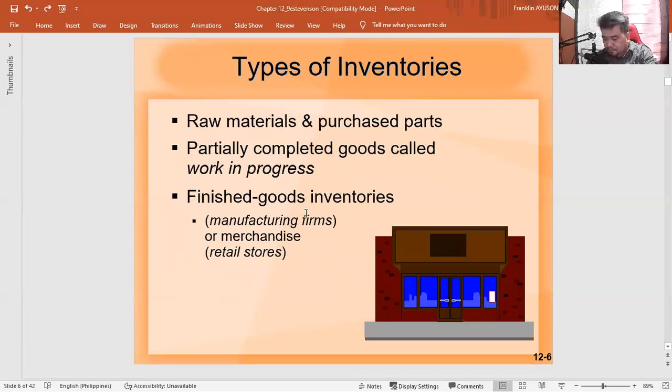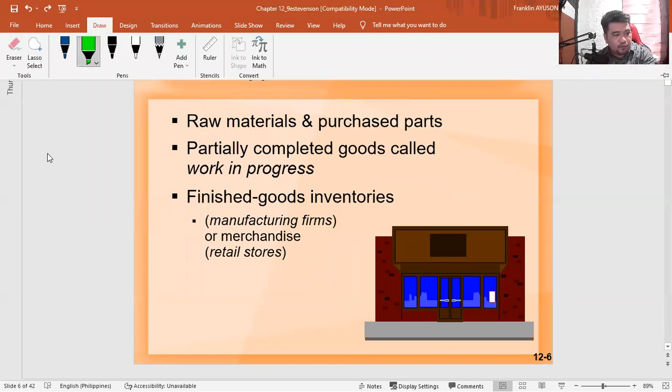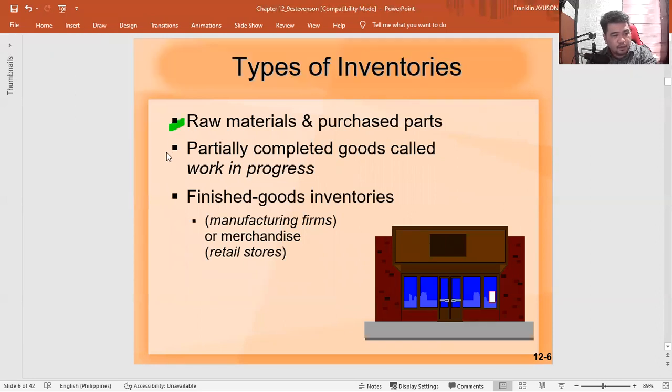Now, with reference to that, the company may have to hold different types of inventory. The organization may have inventory of raw materials and purchased products, partially completed goods or what we call work in progress, or the finished goods themselves.